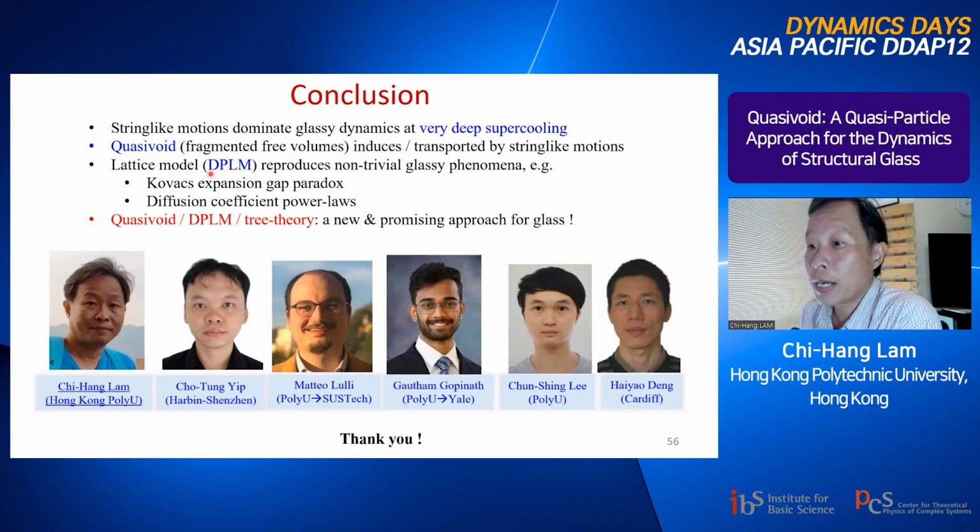We introduce a lattice model, which reproduces a wide range of glassy phenomena, including Kovacs expansion gap paradox and diffusion coefficient power laws. So our approach has been to, based on quasivoid, look at its dynamics via lattice model and study it with analytical theory. We think it is a new and promising approach. If you are interested, please join us. There are a lot of things to work on.